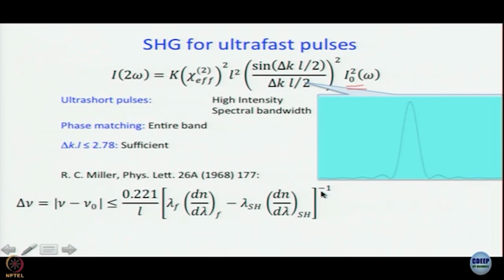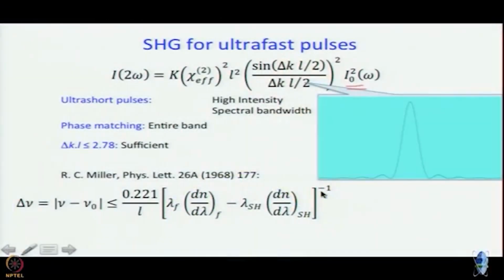Now from here, if you know which fundamental wavelength you are dealing with, dn d lambda for fundamental as well as second harmonic can be known experimentally for the material, and I hope you understand that dn d lambda for fundamental or second harmonic is going to depend solely on the material that you are using. Okay. And it is not very difficult to work out.